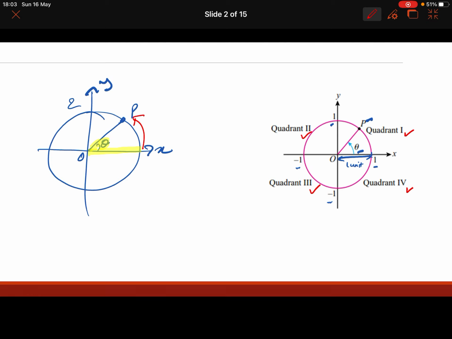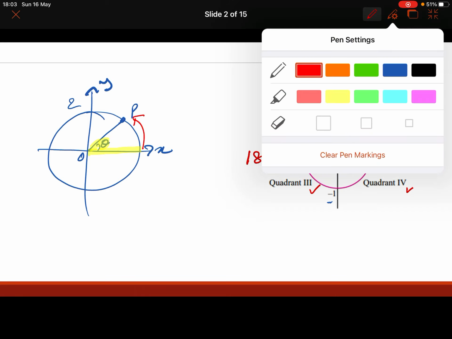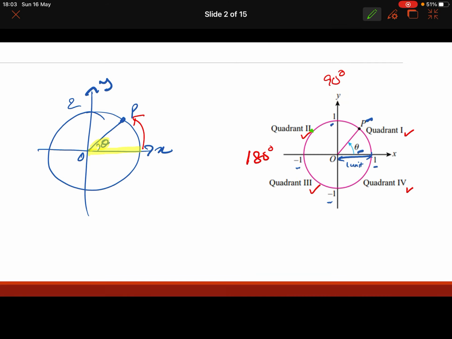Okay, so if point P is in quadrant 2, then that means the theta is in between 90 and 180 degrees. Okay, so like this. For example, your P is here. OP. So here is the theta.